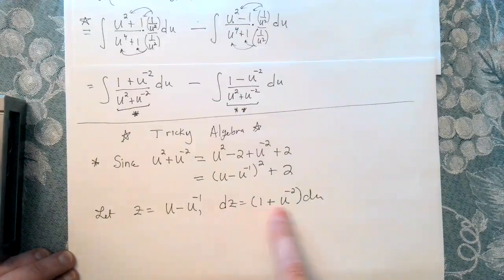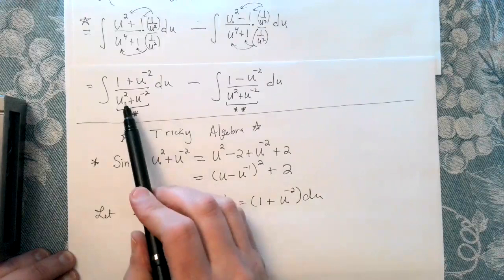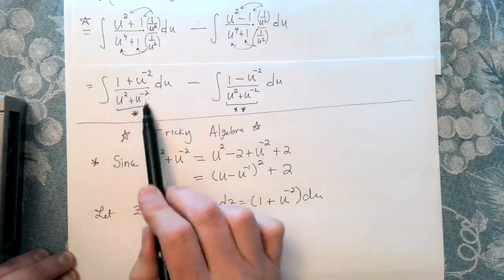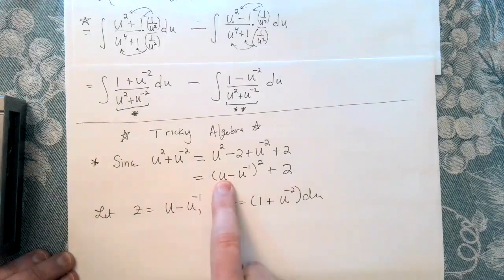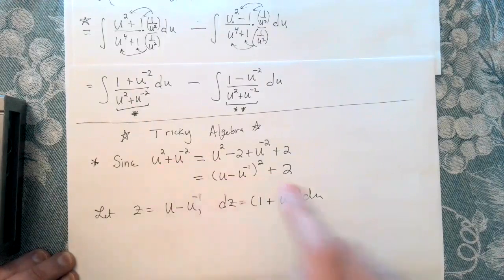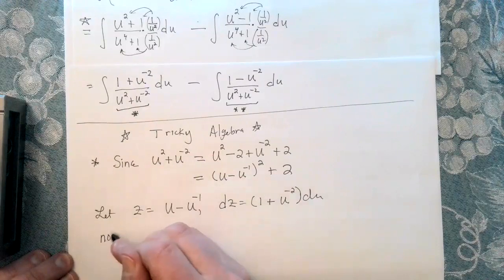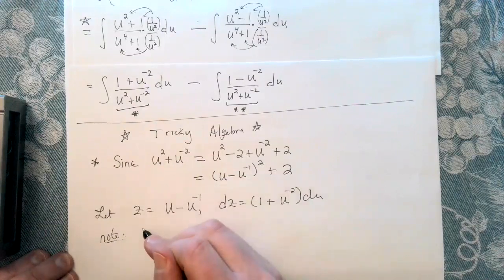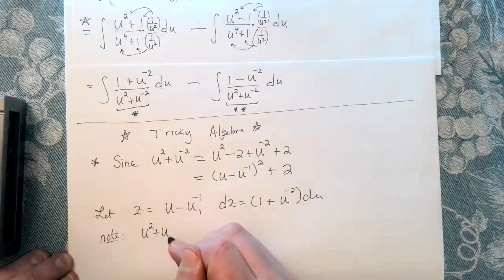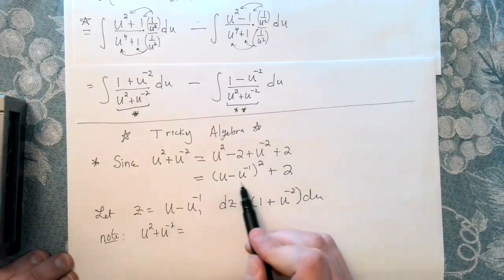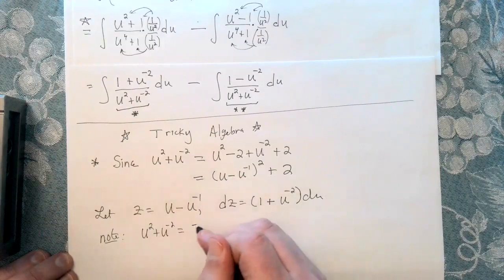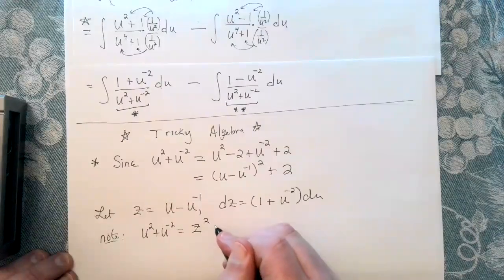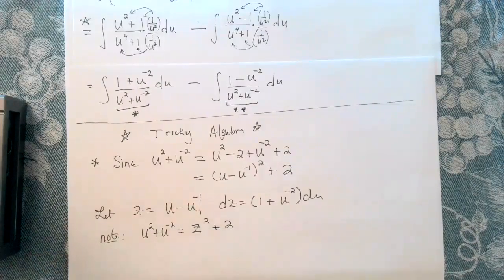Okay, so we can get rid of this. Now we have to think about what do we have to do to get rid of this? Well, I think if we're careful, since we know what z is, we just sort of have to follow this out. So let's note that u squared plus u to the minus 2 is equal to, so just following this, that's z squared plus 2.